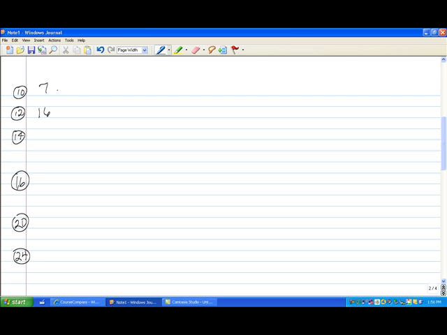Next one, determine in each base the least and the greatest 4-digit numbers and their decimal equivalents. Okay, the least 4-digit number can't start with a 0, so it would have to start with a 1, but zeros would be the smallest numbers after that. Okay, so that's 16 to the 0.